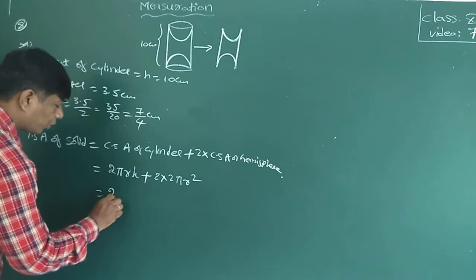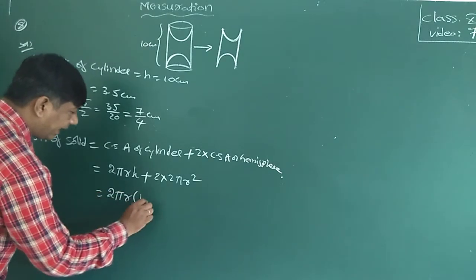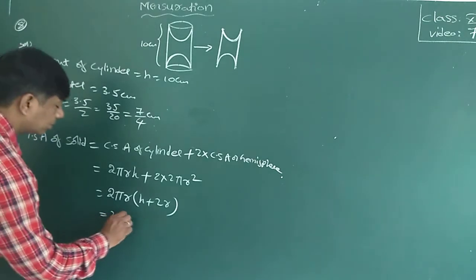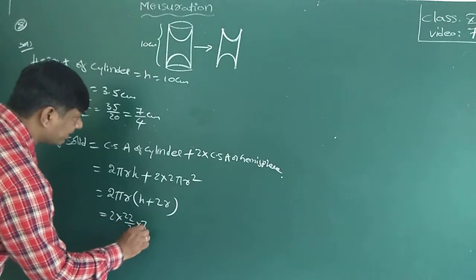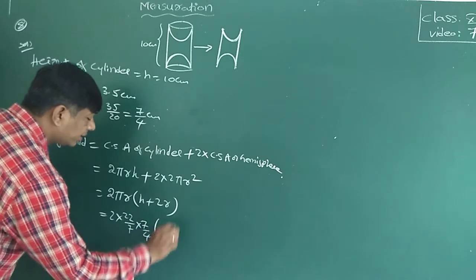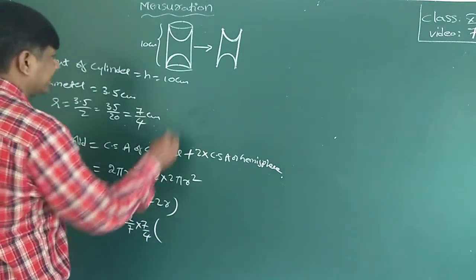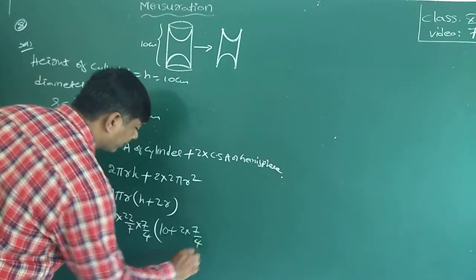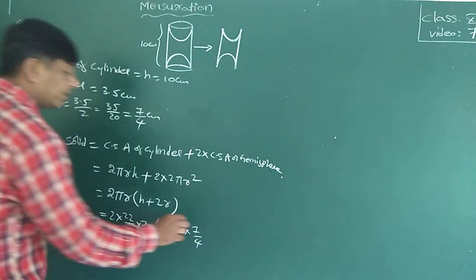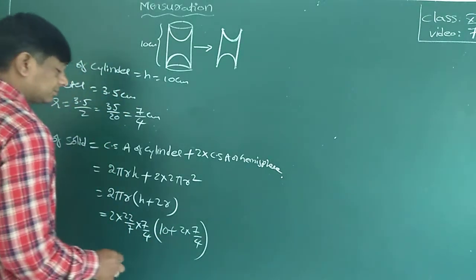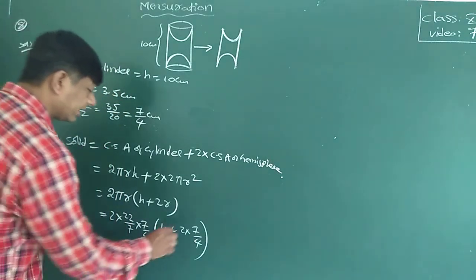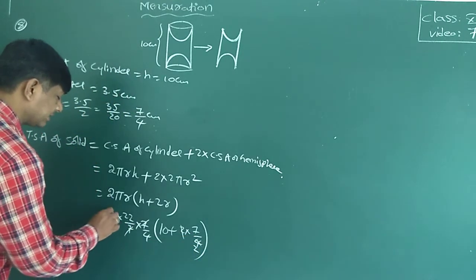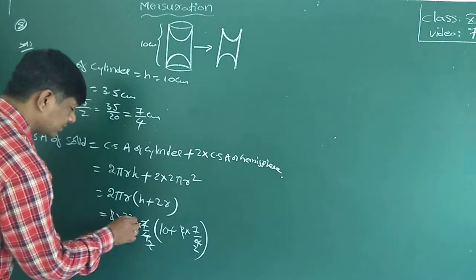If I take 2 pi r common, then h plus 2r, that is equal to 2 into 22 by 7 into 7 by 4 into h, which is 10, plus 2 into 7 by 4. Now 2 and 2 cancel, 7 cancel, 2 ones are 2, 2 ones are 11.